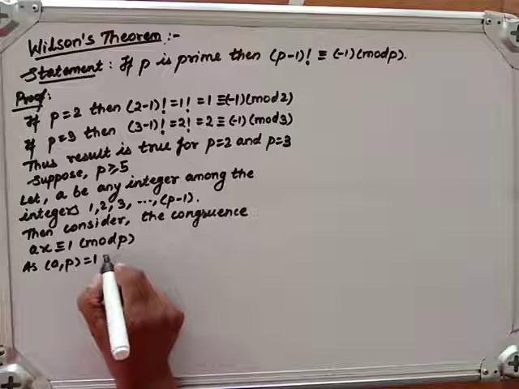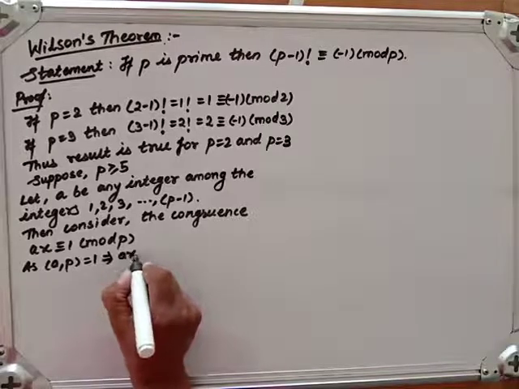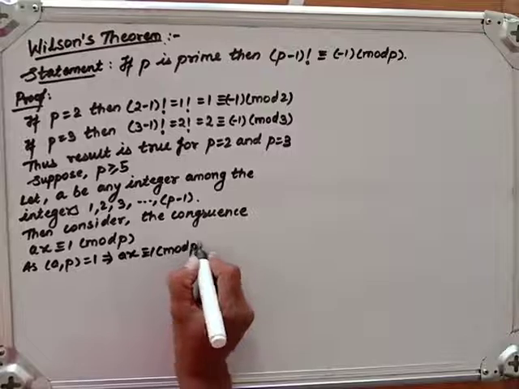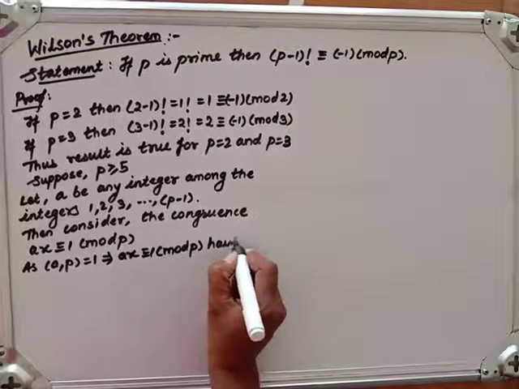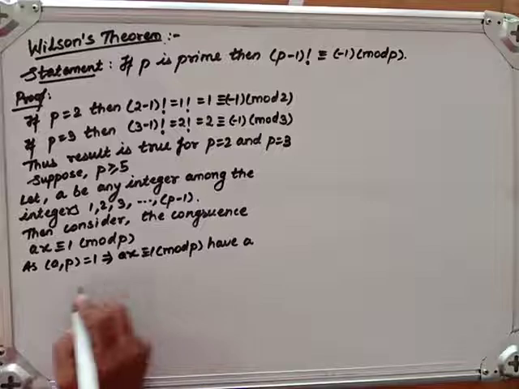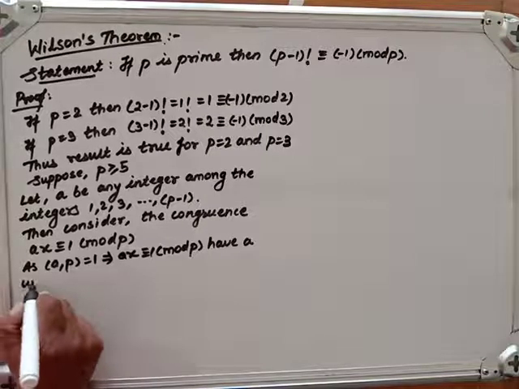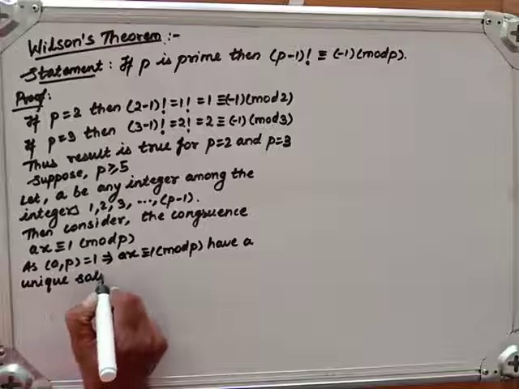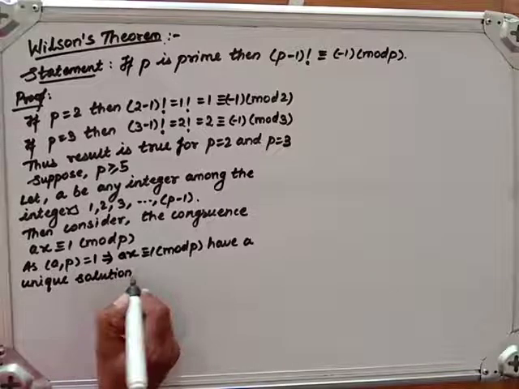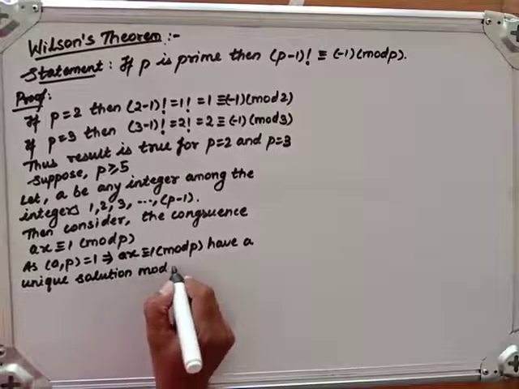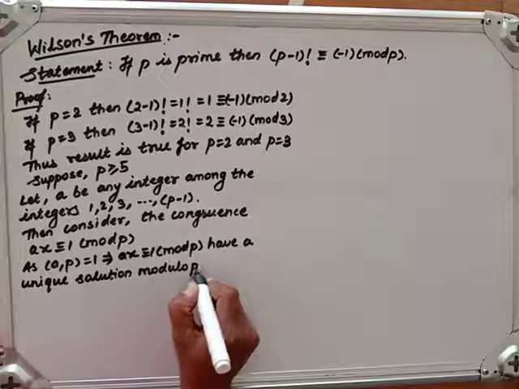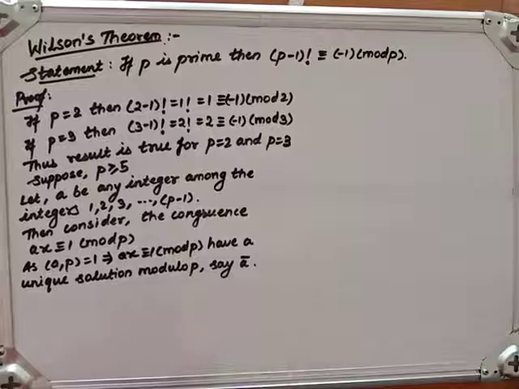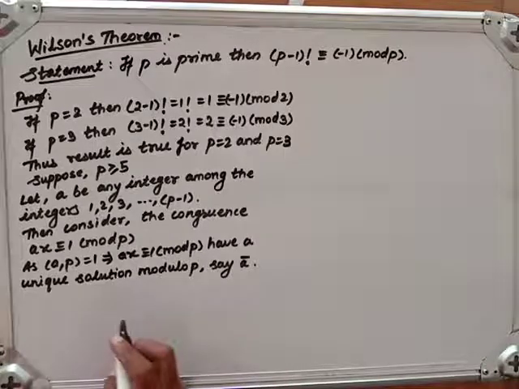Fine. So this gives Ax congruent to 1 modulo P has a unique solution modulo P. Now suppose that solution is A bar.